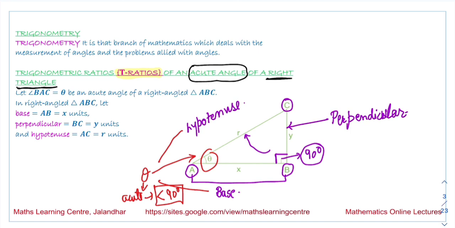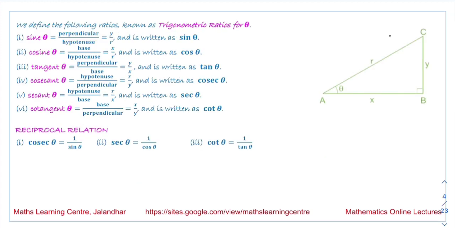Now the measure of all these sides is given to us: the base length is x, the height of this perpendicular is y, and the length of this hypotenuse is r. So based upon all these terms, we are going to define the T ratios, that is, trigonometric ratios.